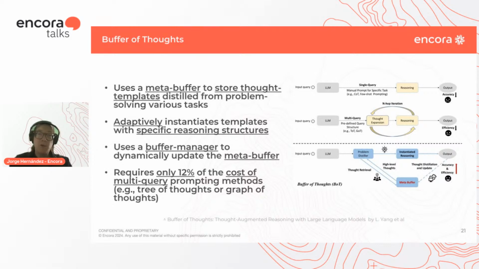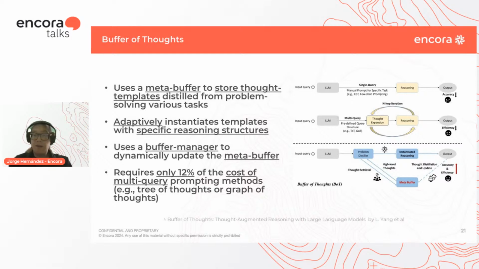In the case where you have multiple tasks and you go like, well, but I can't have a single set of prompts. Here, you can have multiple templates, which are adaptively instantiated with specific reasoning structures at the time where the user makes the request.